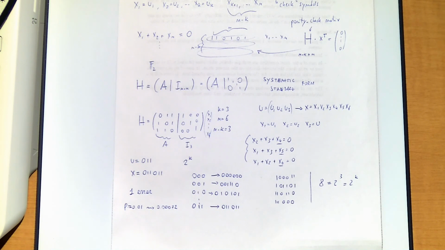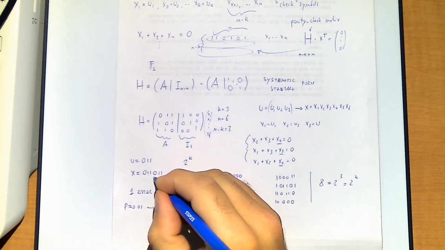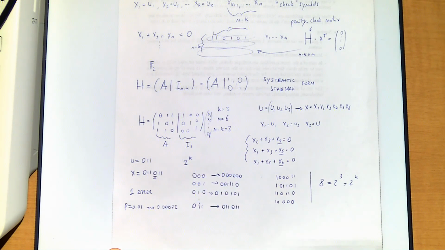Yes. Could you go over how you calculated x? I thought you underlined the x4, x5, and x6, but could you go over that? Yeah, so for example, let's do the first one, right? The first symbols are x1 equal to 0, x2 equal to 1, x3 equal to 1, right?